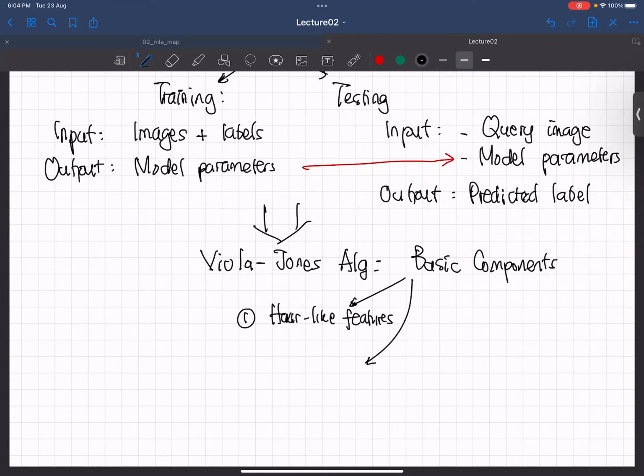The second component is AdaBoost. AdaBoost is a classification algorithm, and it is a very basic component of Viola-Jones. So the two are Haar-like features and AdaBoost.